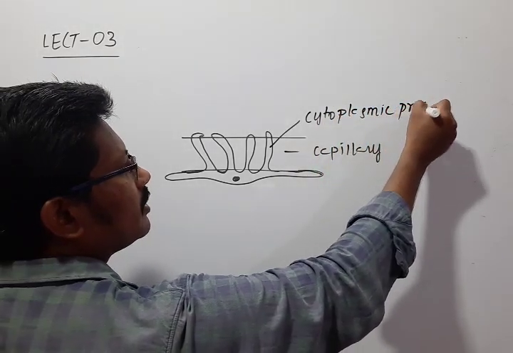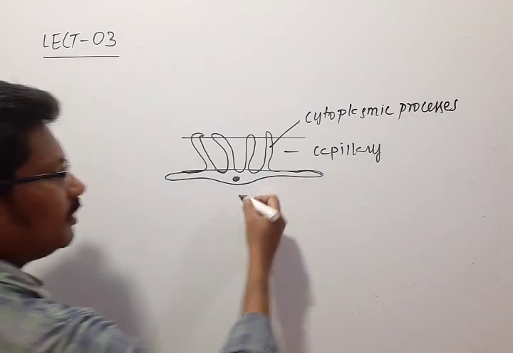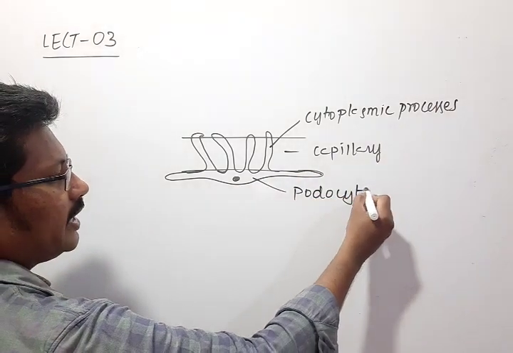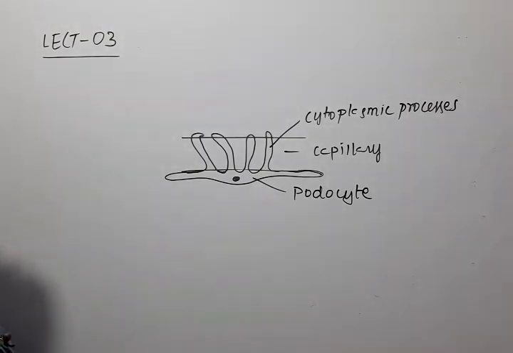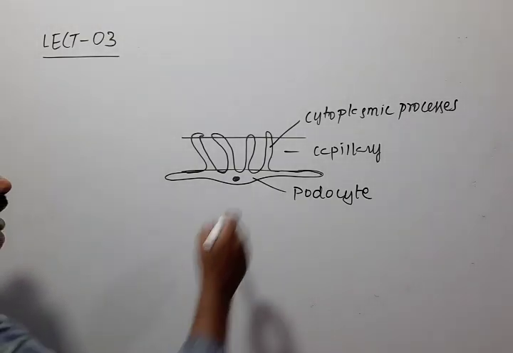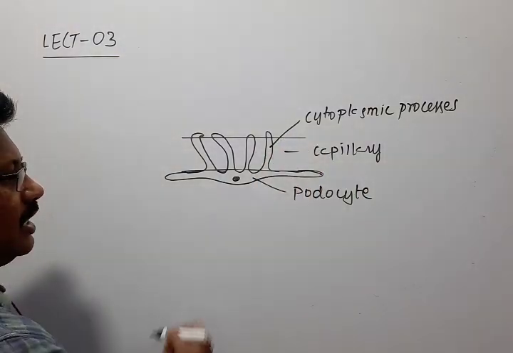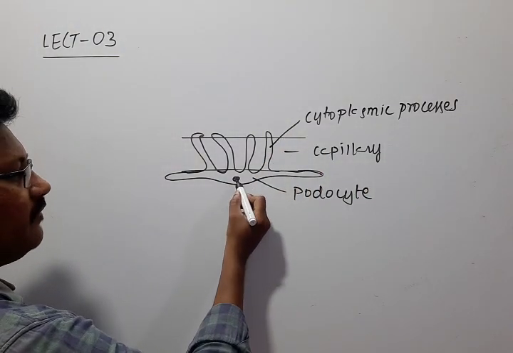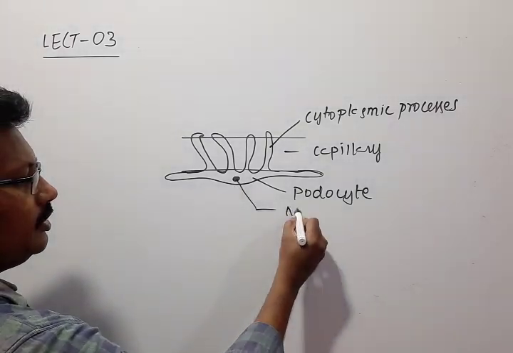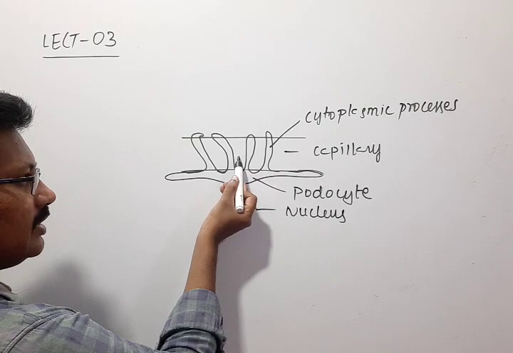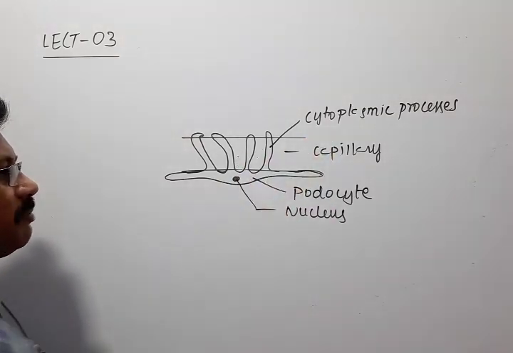These are the cytoplasmic processes of the podocyte. So this is the podocyte cell. The podocyte is nothing but the epithelial cell of the Bowman's capsule. You can see how it is wrapping around the capillary blood vessel, and here is the nucleus of the podocyte, and you can see the gaps between these cytoplasmic processes.